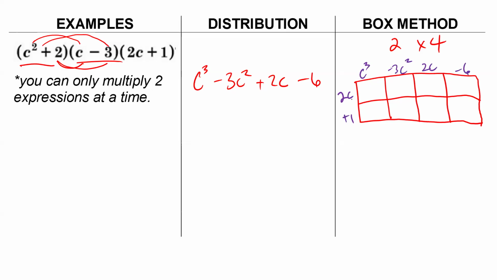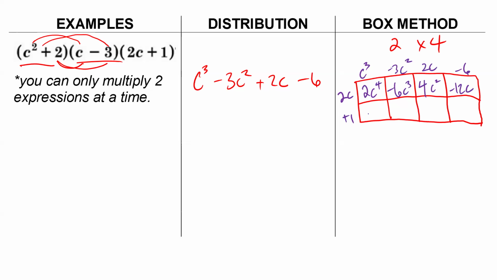C cubed times 2c, what do I get? There we go. 2c times -3c squared is -6c cubed. 2c times 2c is 4c squared. 2c times -6 is? There we go.